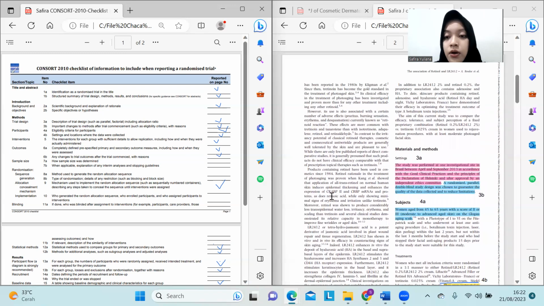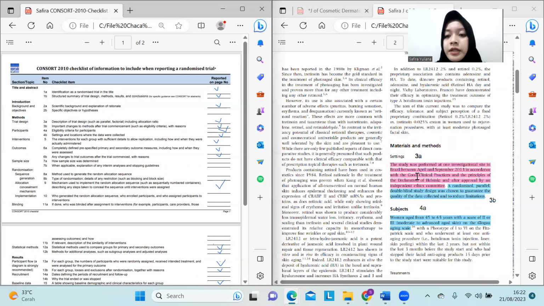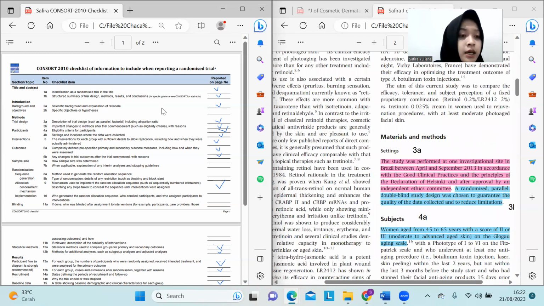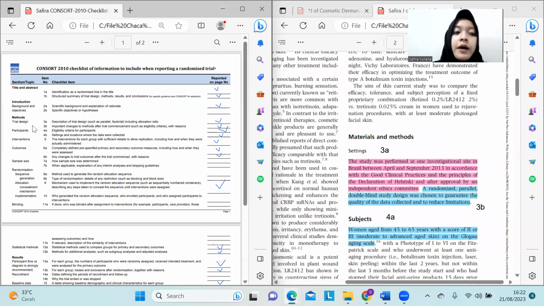All right, we are going to move to number 3. Number 3 is the methods. Methods has the trial design. Trial design, number 3A, is the description of the trial design such as parallel or factorial, including allocation ratio.